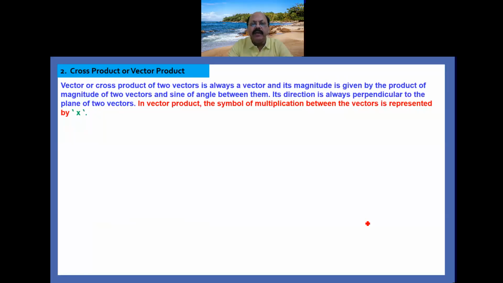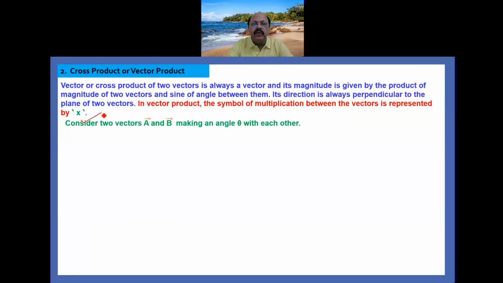In the vector product, the symbol of multiplication is represented by a cross. So the difference between the scalar or dot product and the vector product is, in the scalar product you are getting a scalar, but here you are getting a vector, and in scalar there is no direction, but here there is a direction.